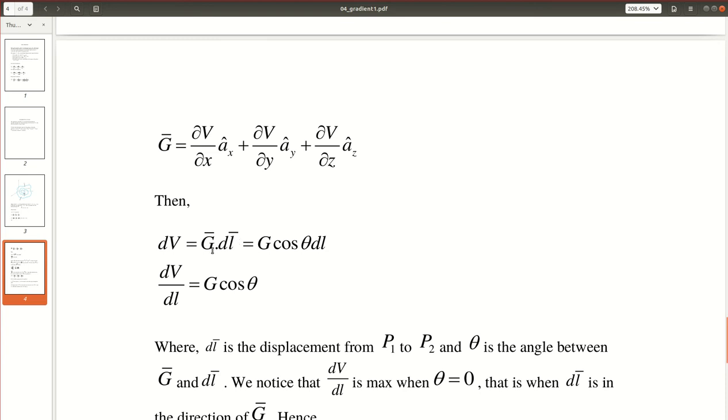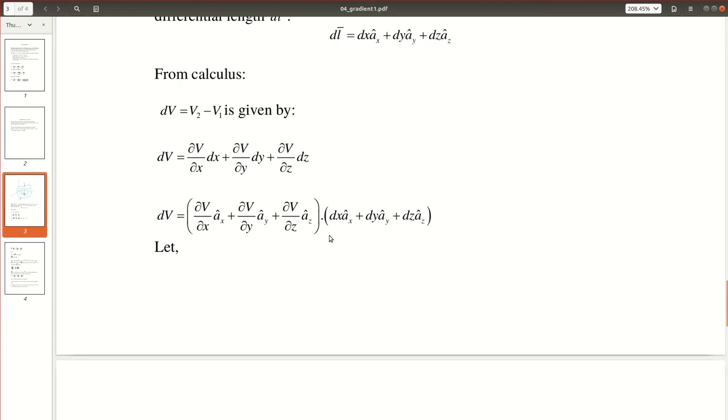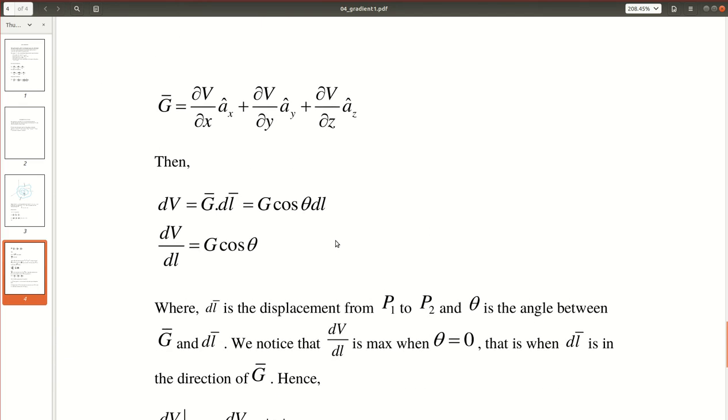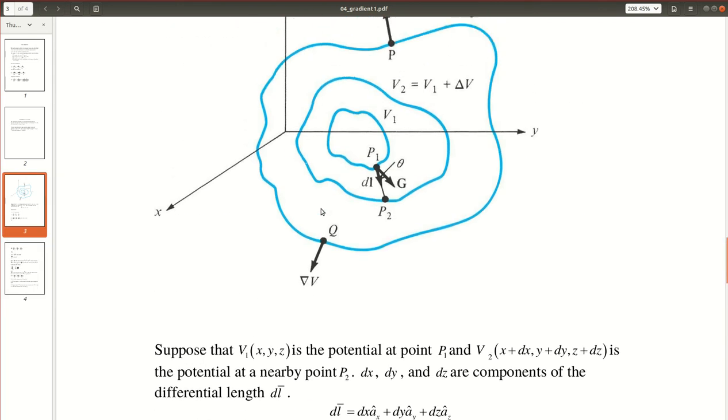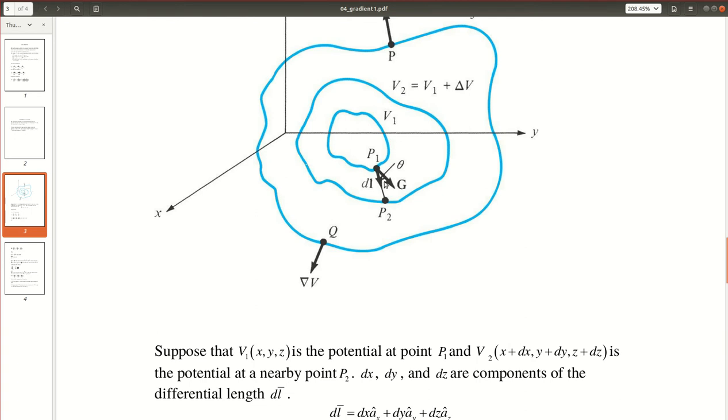Dot here means the dot product. If you take the dot product, you can get J cosine theta dl, if you remember from the dot product. So this is theta, the angle between both of them, the L and J, the J in its direction.